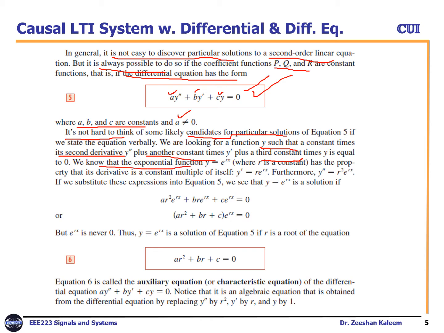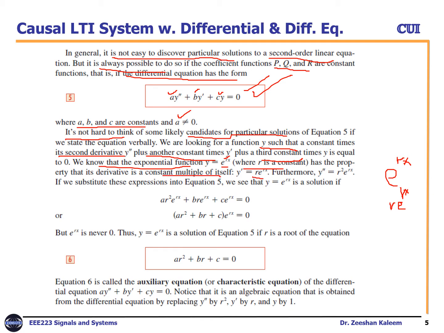Now we know that the exponential function y equals e to the rx, where r is a constant, has the property that when we take its derivative, it results in r times e to the rx. That is, the derivative is a constant multiple of the function itself.